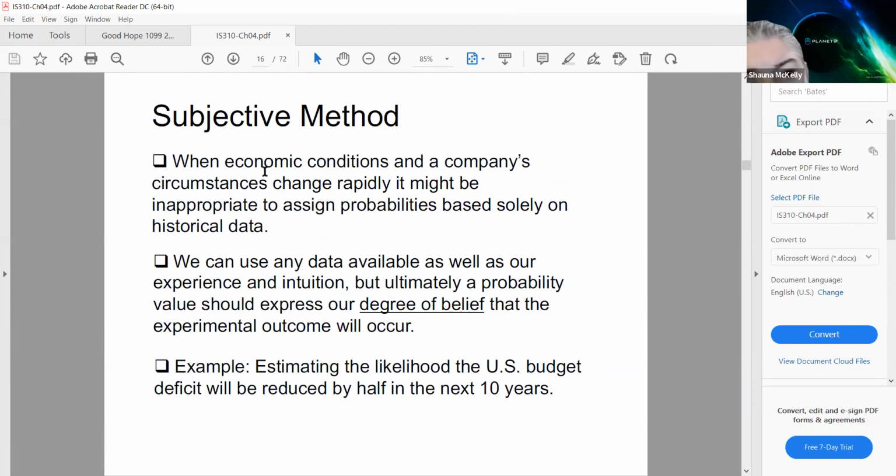Subjective method, okay? So in your case, I talked about the weather. She talks about another example, which is economic conditions. So when economists try to predict when the next Bitcoin crash will be and how far it will crash, and how much money Warren Buffett will have when it crashes, right?